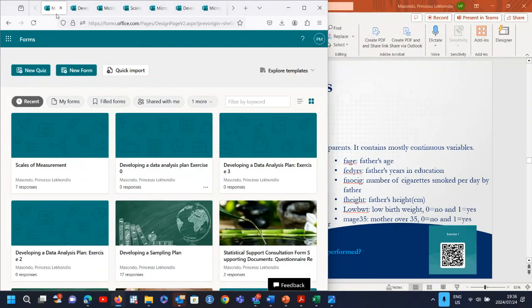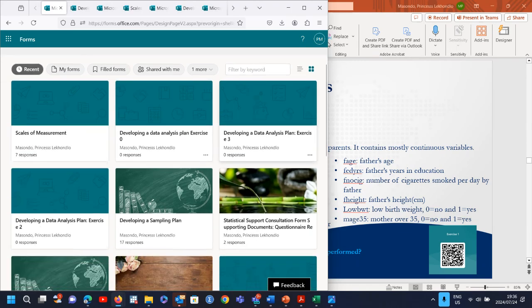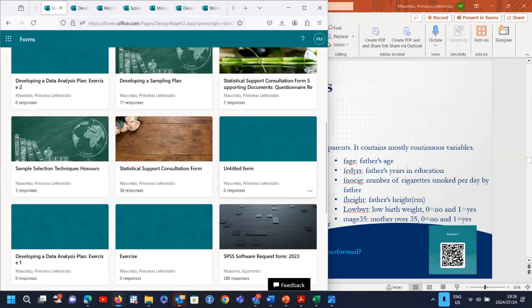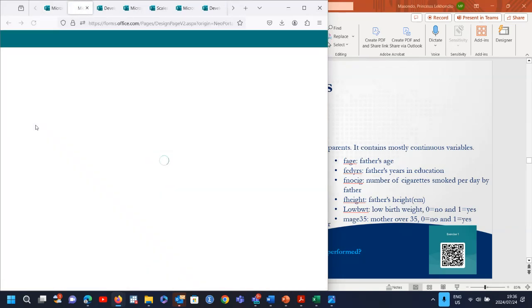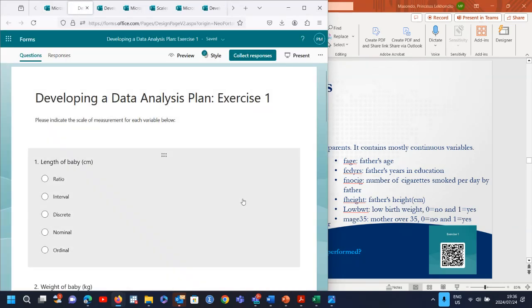That is exercise 1. That's the one that we are completing. Exercise 1 is this one. You just have to indicate the scale of measurement for each of the variables.